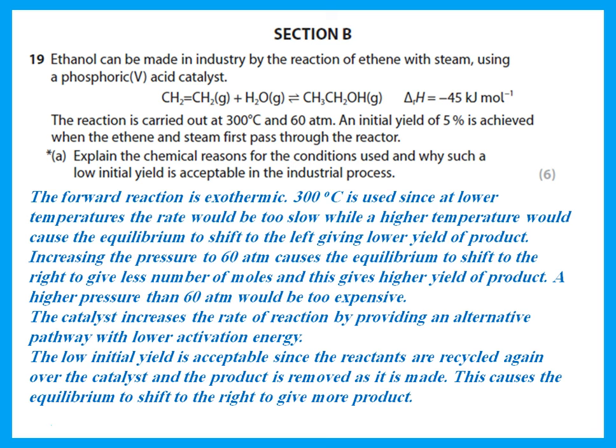Now, this low initial yield is okay, because anything that remains will be recycled. So if I have a low yield, I will remove the ethanol as it is being formed. So that causes the equilibrium to shift to the right and give me more product. And at the same time, I will recycle the reactants again over the catalyst so that it will be reused.